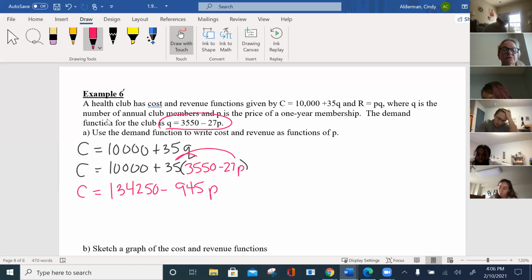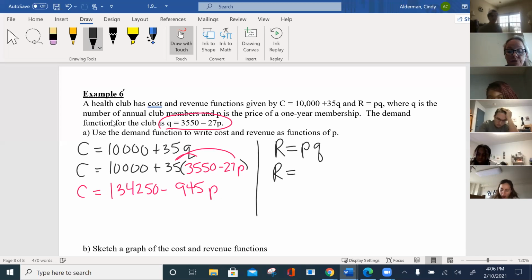So there's the cost function. We're using the cost and the demand function to find out what the cost function is in terms of P. Okay, so that's one part of it. Now let's do the other part. Revenue is always going to be the price times the quantity.